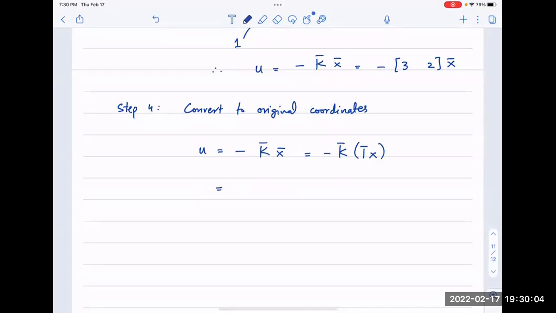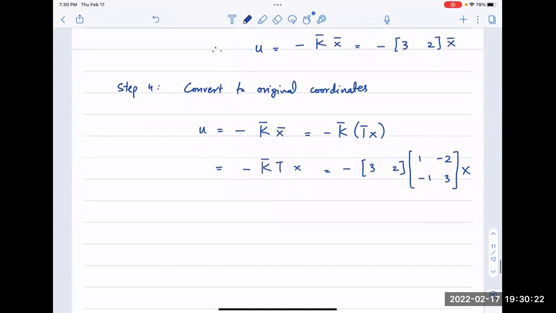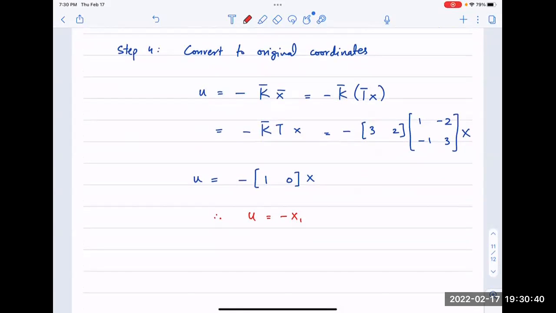That makes it simple, because it's simply minus k bar Tx. So minus [3, 2], and then the transformation T, which was [1, -2; -1, 3], and x at the end. If you simplify this, it turns out to be minus [1, 0] x, right? Therefore u is minus x1. So verified.